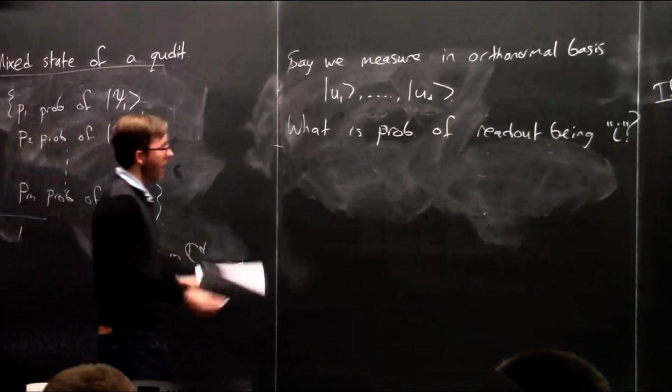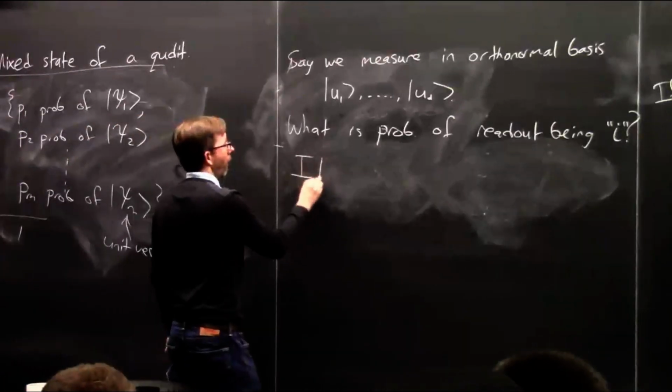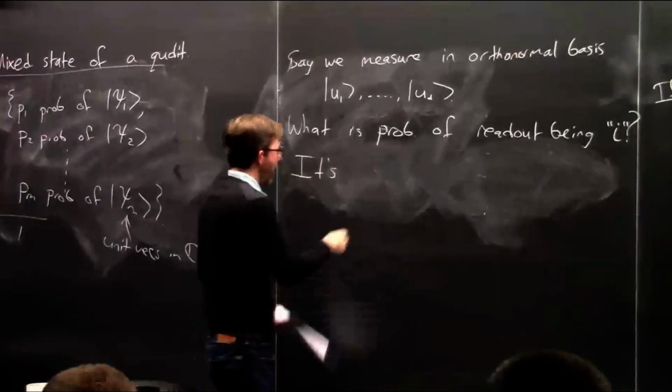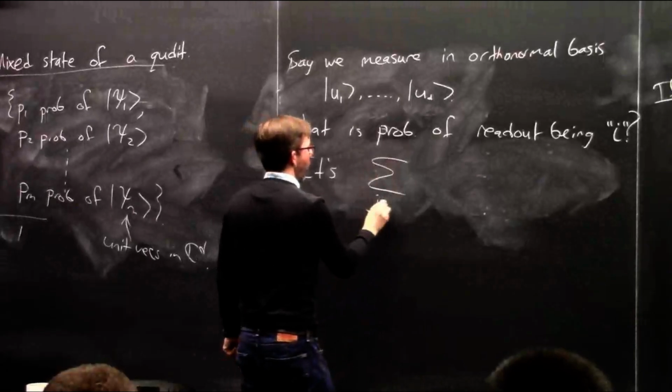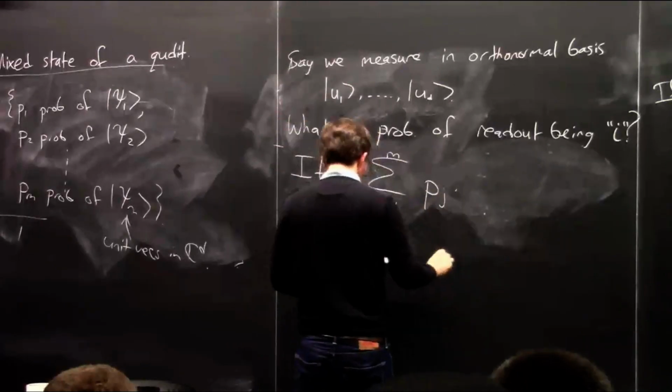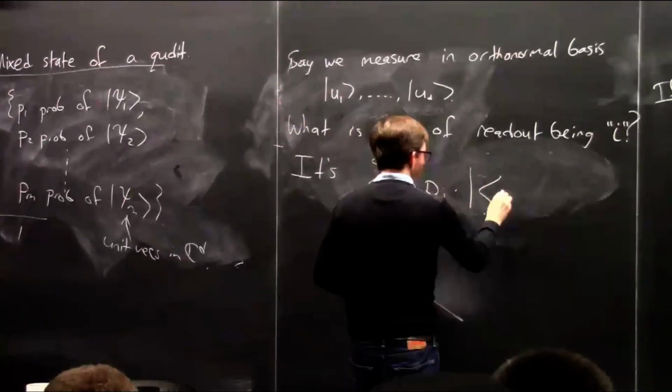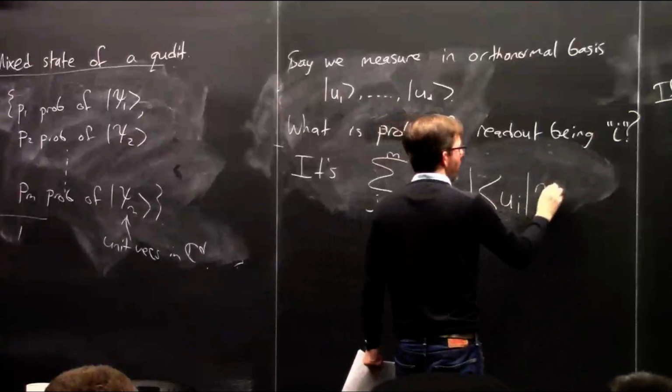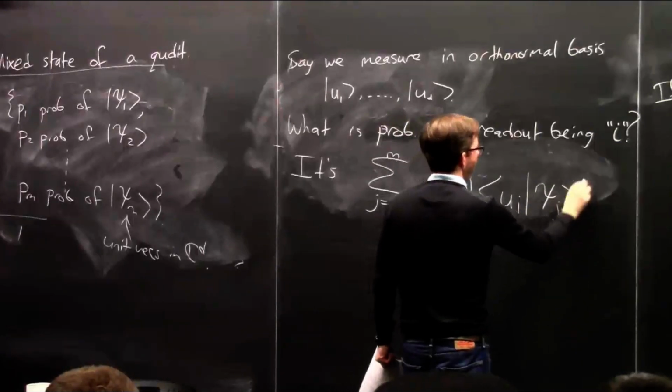OK, well, I claim it's this. It's the sum, j goes from 1 to m, of p sub j times the magnitude of the inner product of UI with psi j, squared.